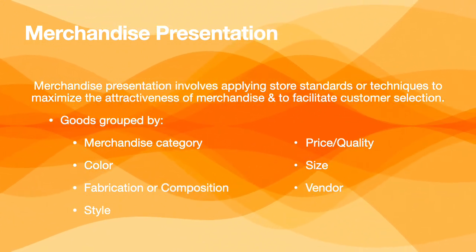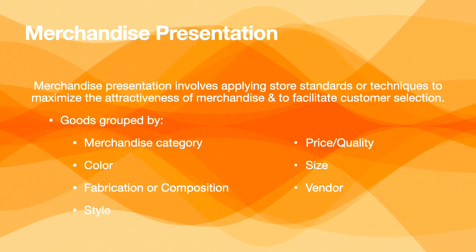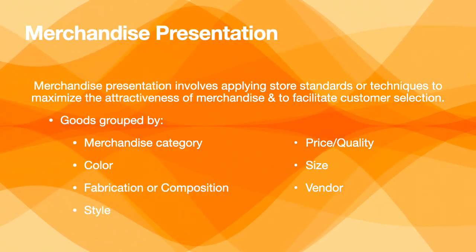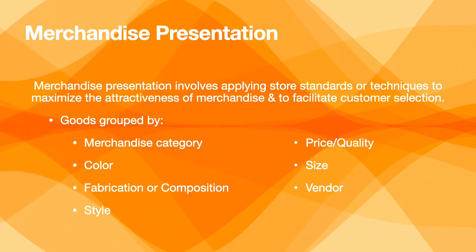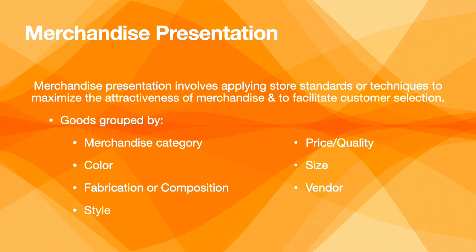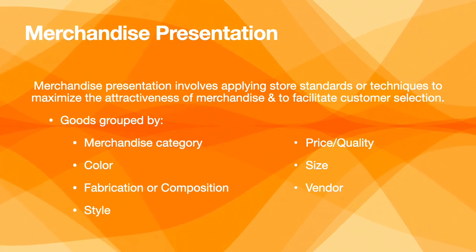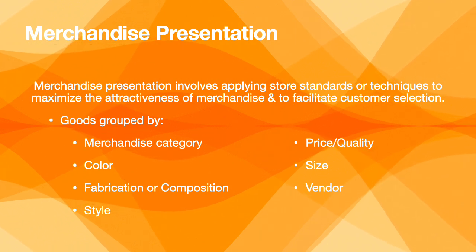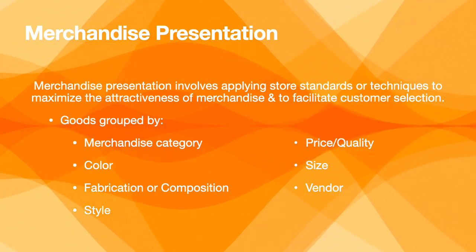Merchandise category is a presentation of a complete selection of a category or item using the breadth and depth of an assortment to create a strong visual impression. Color. Merchandise of the same color is often grouped and presented together for impact.